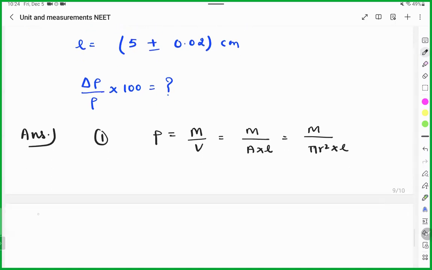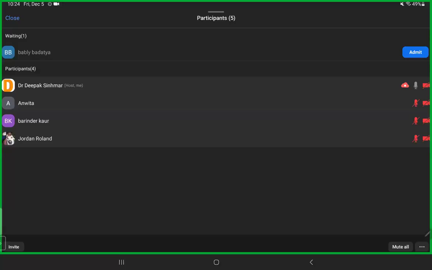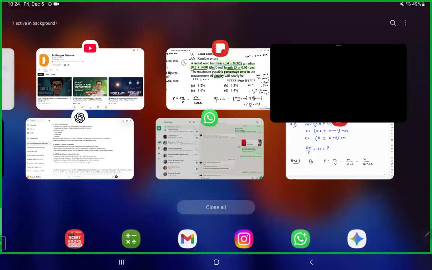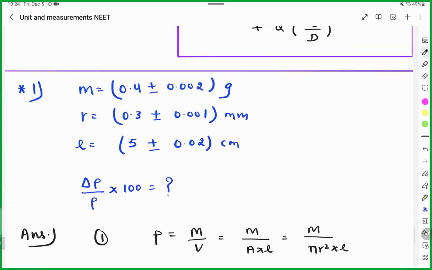Second step. Break down what are the values given. Example in this question. This is delta m. This is original m.